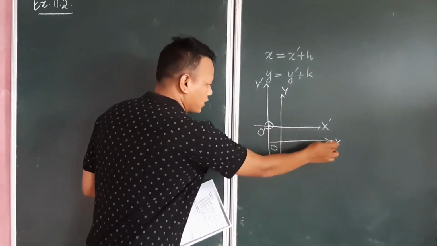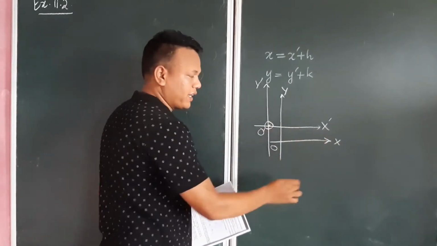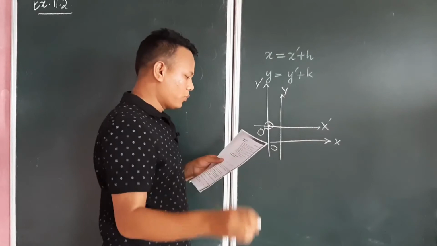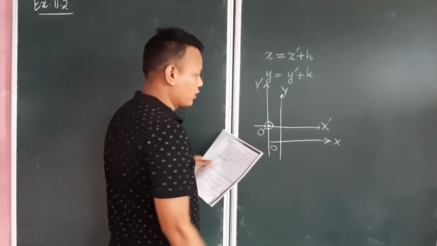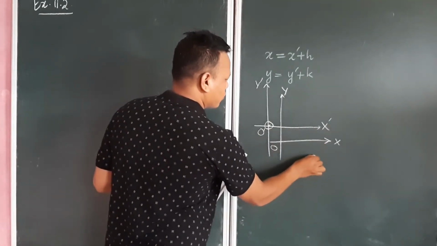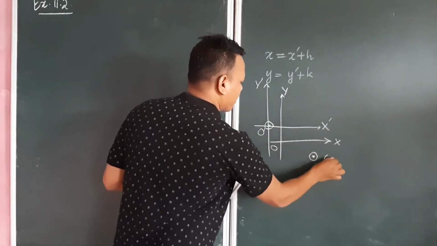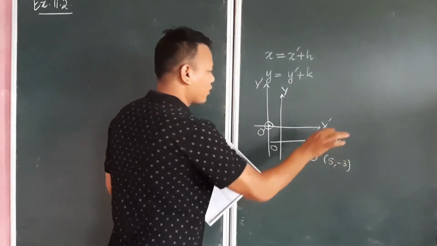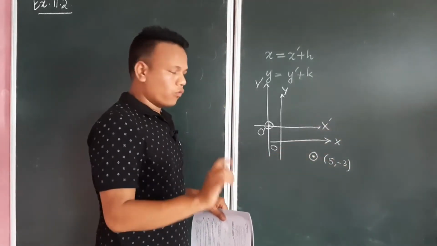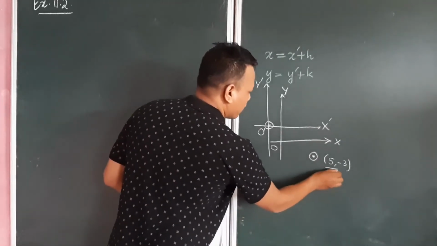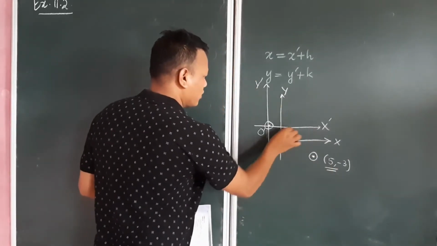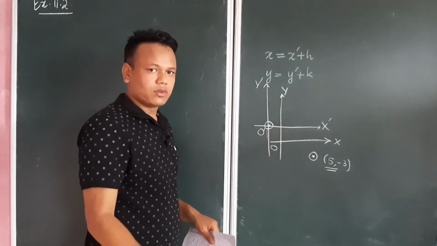Now for the original x o y coordinate system, there's a point 5 comma minus 3, which will be somewhere over here. So this is my 5 comma minus 3. According to the question, what will be the coordinate of this point with respect to the new coordinate system? That's what we need to find.